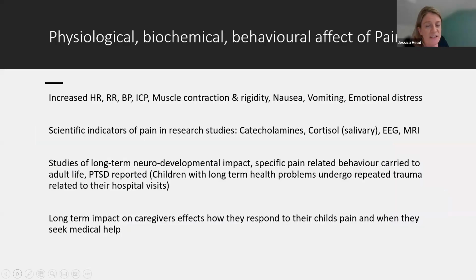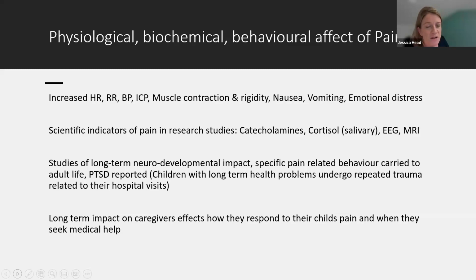So briefly, I think many people are aware of the physiological and biochemical effects of pain. So we know that pain increases the heart rate, respiratory rate, blood pressure, intracranial pressure. We know that it causes muscle contraction and rigidity, nausea, vomiting, and emotional distress. If you read the scientific literature around pain in infants and children, you'll see that a lot of research studies measure catecholamine levels, salivary cortisol.